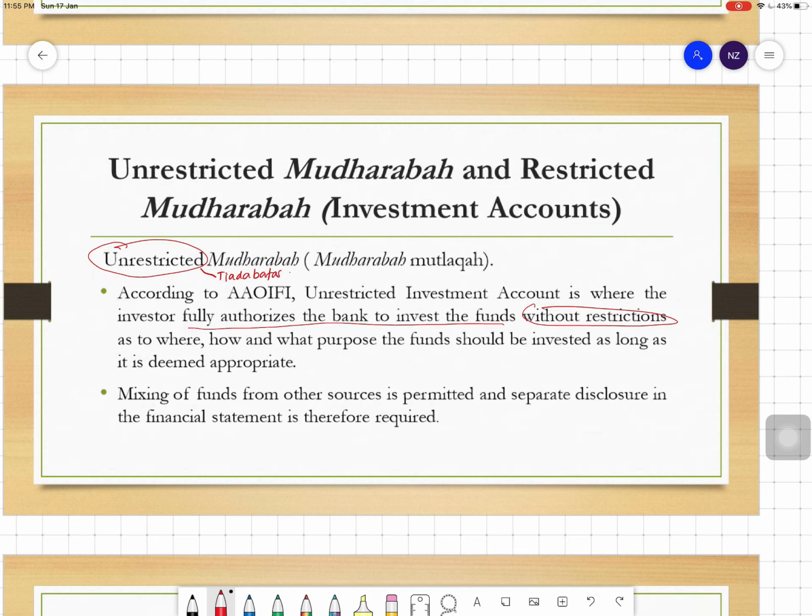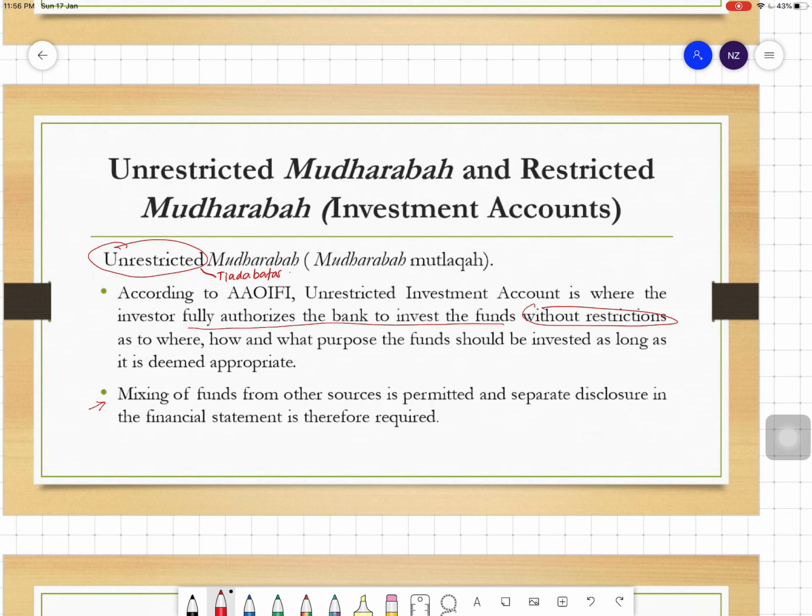Okay, and dia punya mixing of funds from other sources is permitted and separate disclosure in the financial statement is therefore required. So ini adalah cara untuk dia nak recognize dia punya sources or disclosure, how to disclose these types of contract lah kiranya.